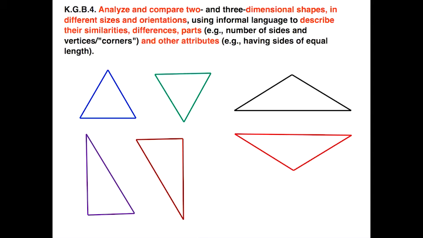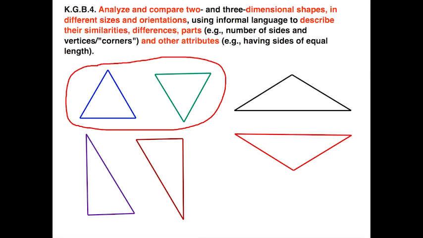Well, what the students should notice is that all of these are triangles because they all have 3 segments or 3 sides. They're all composed again of 3 line segments. All have 3 vertices.